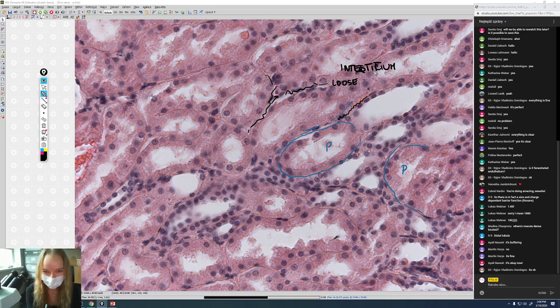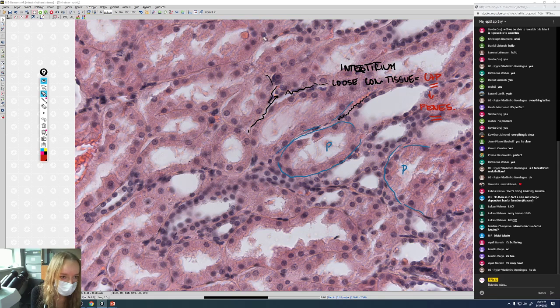So this interstitium is made of loose connective tissue right here. And this loose connective tissue contains capillaries also. So there are some capillaries, and these capillaries are fenestrated capillaries. And we can see them.